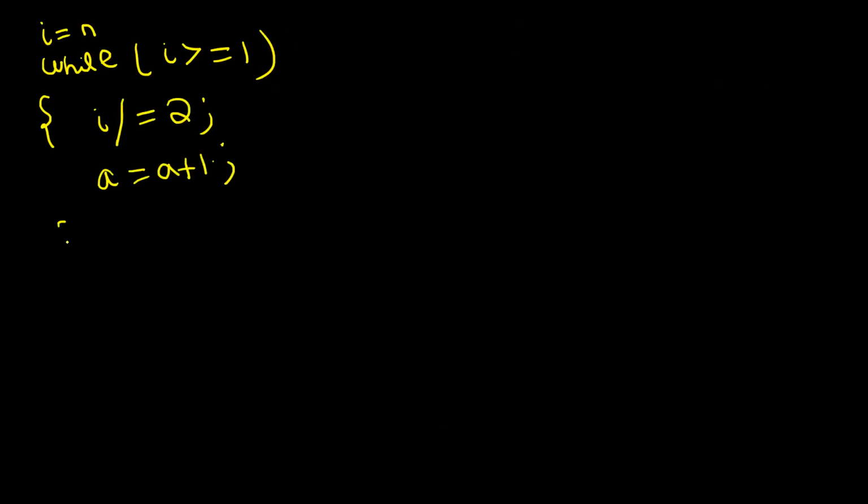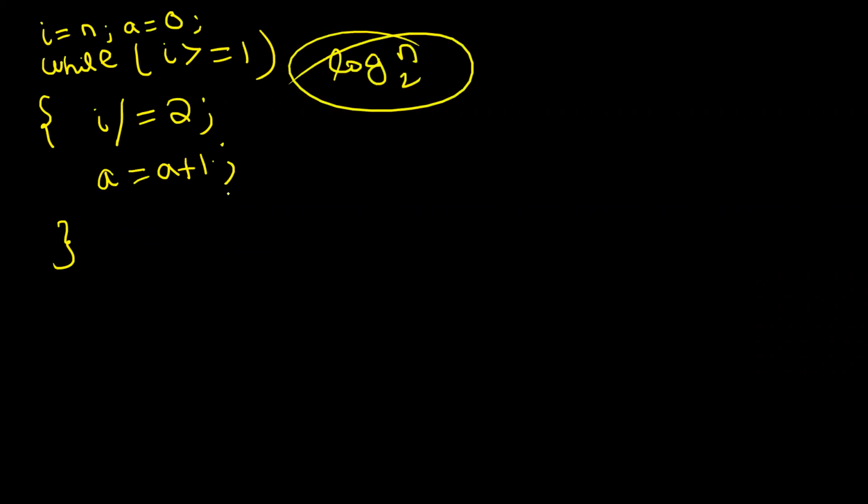Can anybody tell me the time complexity of this? Log n. Does everyone agree? Log n to the base 2. See what is happening. i is starting from n and getting divided by 2 at every step, reaching till 1. So it is log n to the base 2. Okay, great.